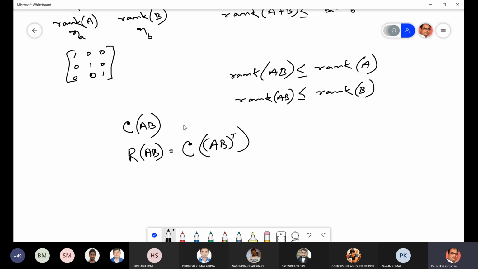So column space of AB is within the column space of A, or similarly, column space of AB transpose is in column space of B transpose. This is just another way of denoting the things.